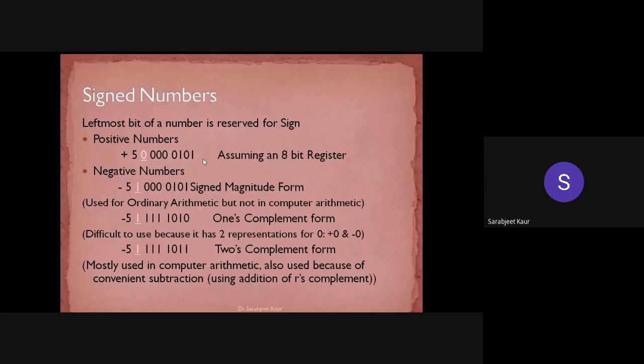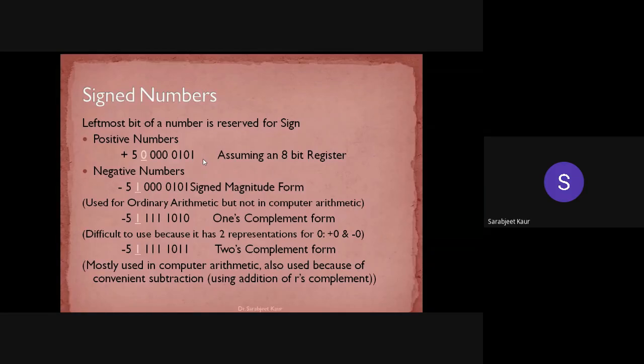It would have different representations for +0 and -0. Although we know that there is no such concept of +0 and -0, it treats them as two different numbers in their own entirety, just because the representation would be so different.